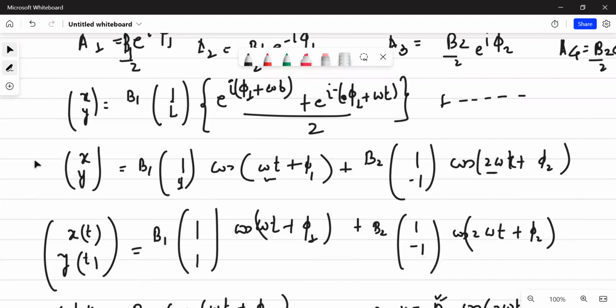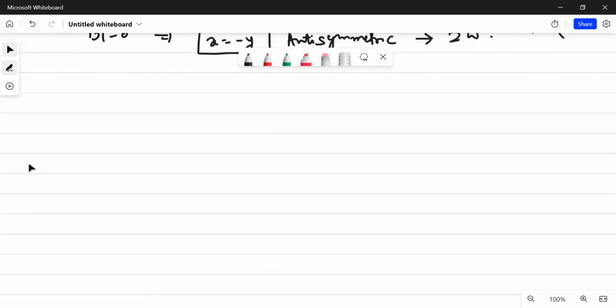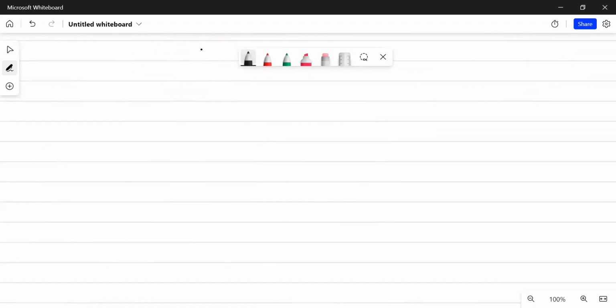An easier one means we are not using different masses, and we are not using different spring constants.